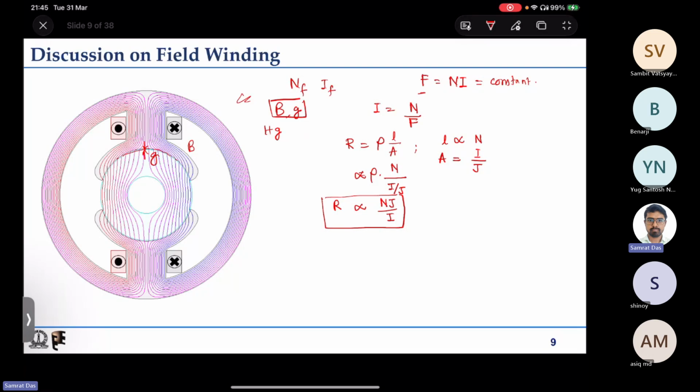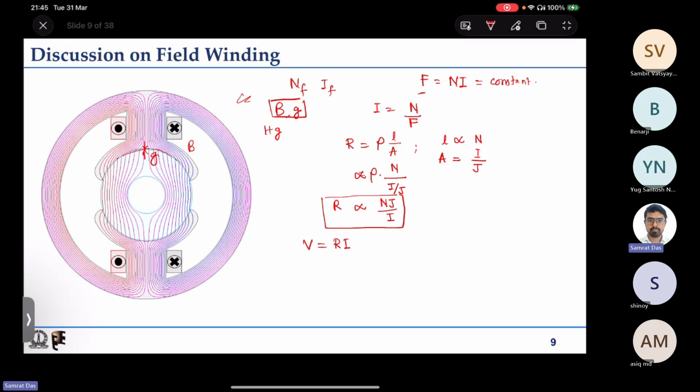Because we are now discussing a DC machine, the voltage will be simply R into I, whatever winding we discuss about. Let us start discussing about the field winding only. Obviously we will have some back EMF for the DC machine, and for the armature winding we will discuss that also.